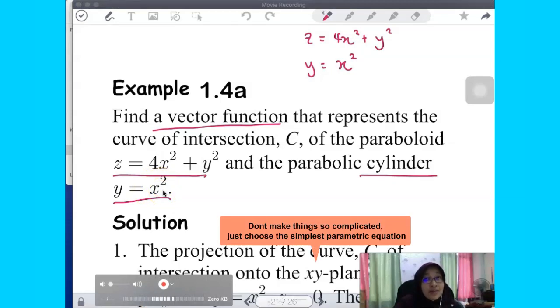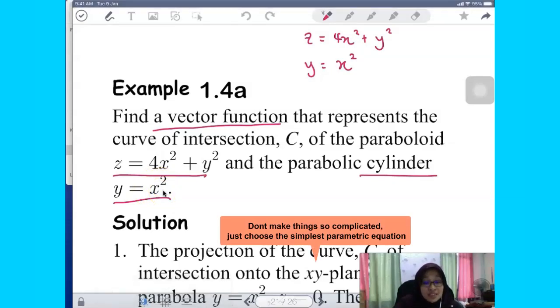For my students, when I teach them in Math Method 1, I say that to develop a parametric equation from a given function, always start with the simplest one. Don't make it difficult for yourself, okay?